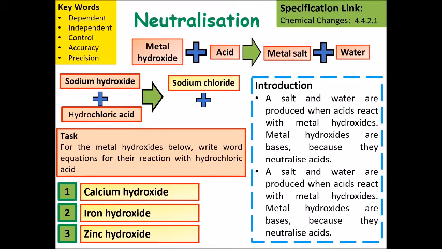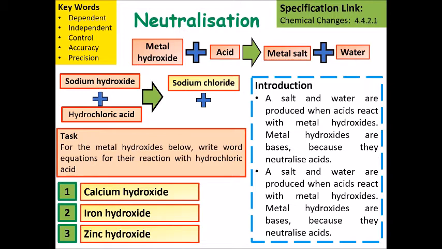Just a reminder, a neutralisation reaction is where you react two chemicals together, usually an acid and a base. An example would be a metal hydroxide plus an acid making a metal salt plus water.